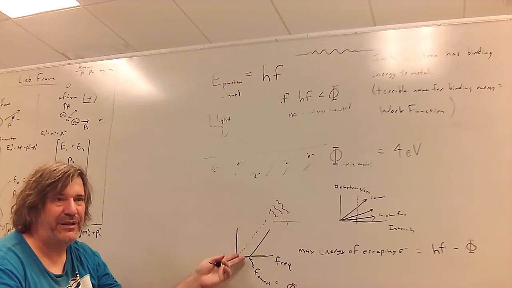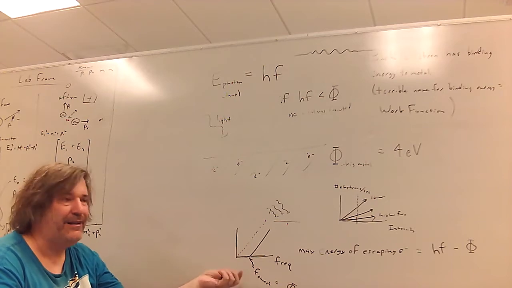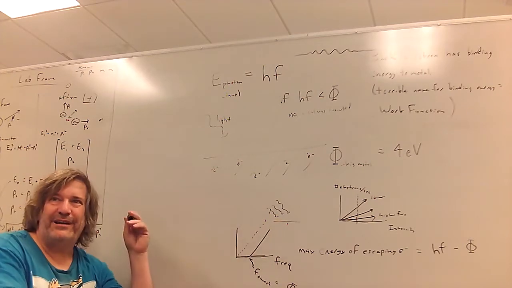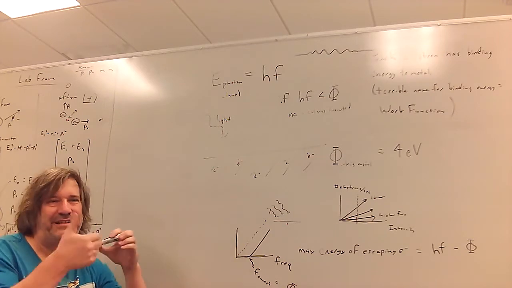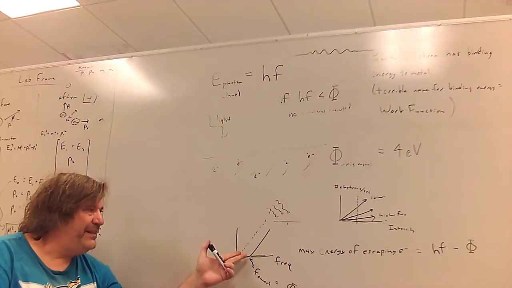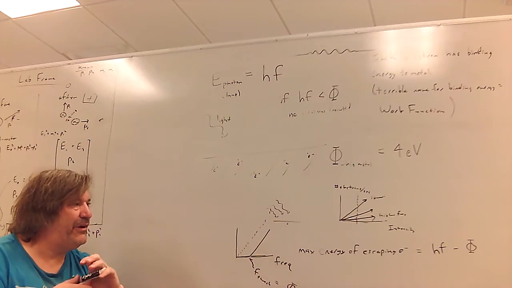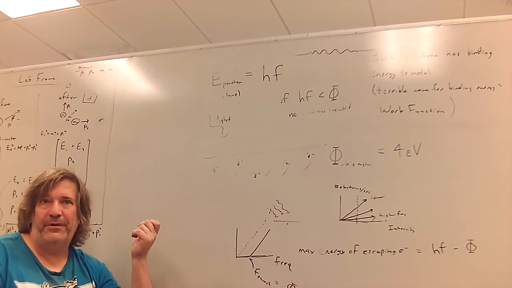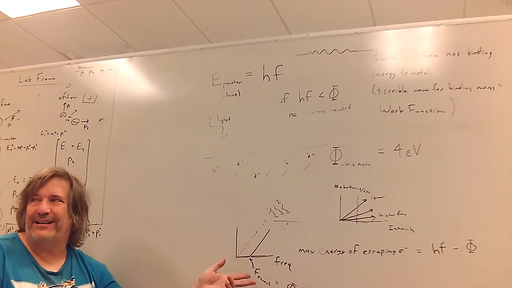Now, if you say, well, what if you make the light a different frequency? It'll still give you a linear function, but with a different slope. And interestingly, for higher frequency light, you might expect me to say more electrons escape each second because I give you higher energy photons, but actually fewer electrons would escape each second.